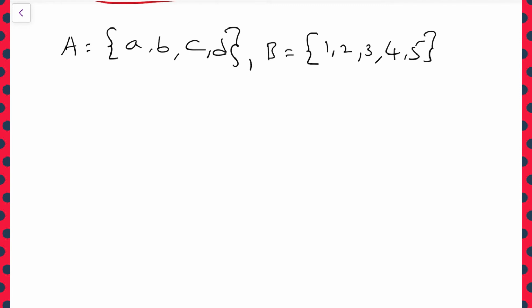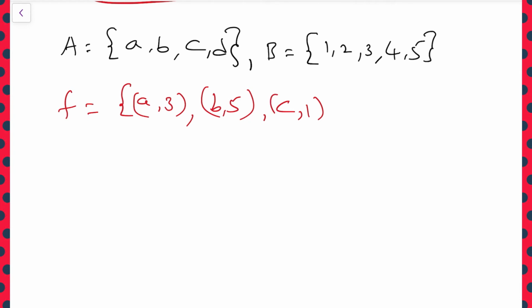Then he wrote the function as f equals {(a, 3), (b, 5), (c, 1), (d, 4)}. Whatever he wrote in the form of ordered pairs, I will make it in a Venn diagram so that you will understand easily.